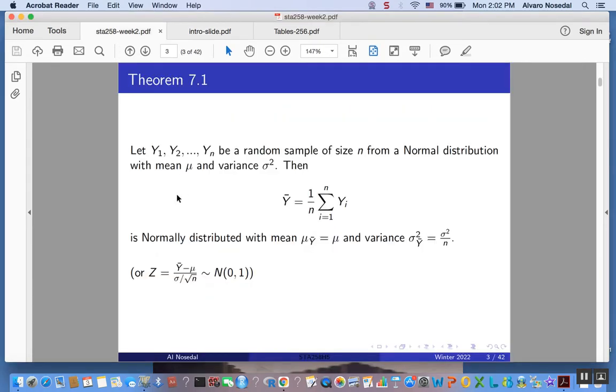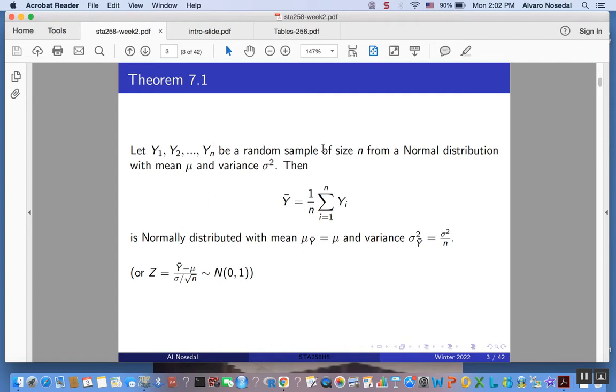So this is a theorem from our textbook. We have a random sample of size n, so y1, y2, and yn are identically distributed. They have the same distribution. They come from a normal with mean mu and variance sigma squared, and they are independent.